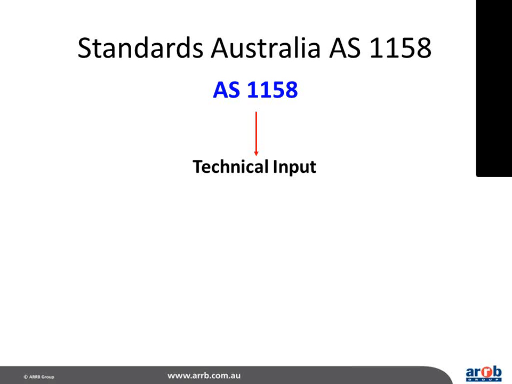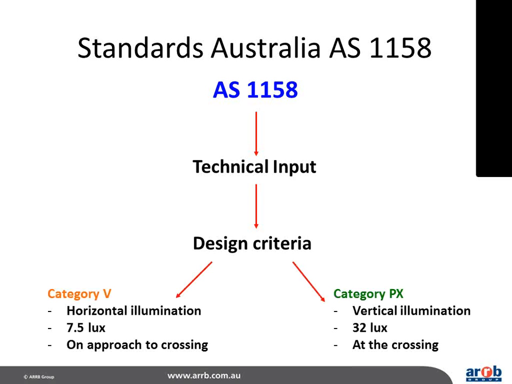From this technical input, we developed the design criteria for lighting railway crossings. And from there, we picked up the two, category V and category PX lighting. Category V lighting is lighting for road spaces, horizontal illumination, which we require to adequately light a road layout.